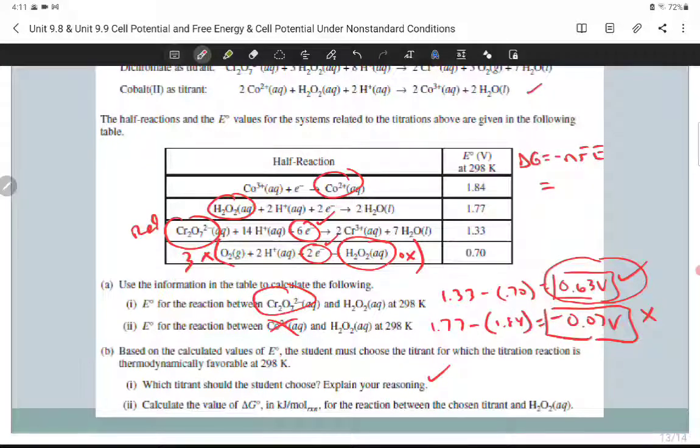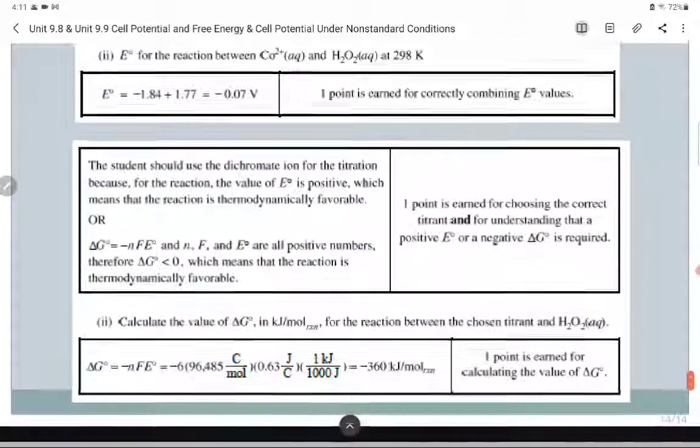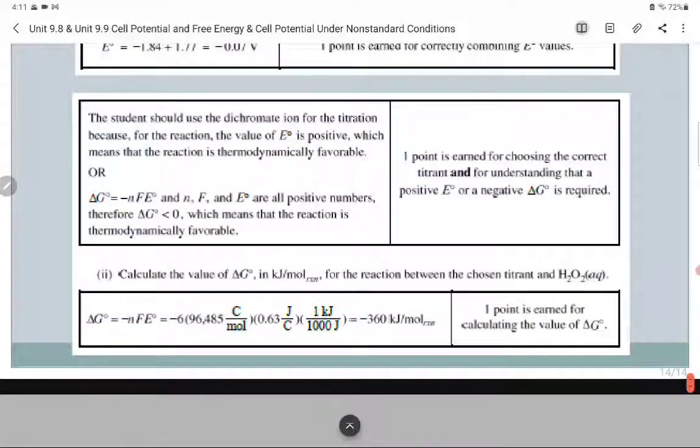So 6 electrons. Faraday's constant, 96,485. And then E cell was 0.63. And we probably have some answers down here. And there we go. This time they actually did convert it, because it asked for kilojoules per mole. So we had to divide that by 1,000 to get it into kilojoules per mole. And there we go. I think that's it.